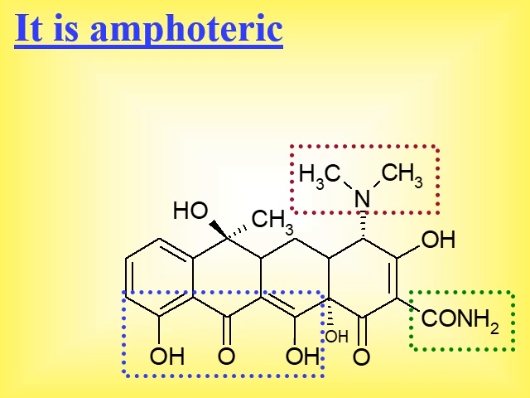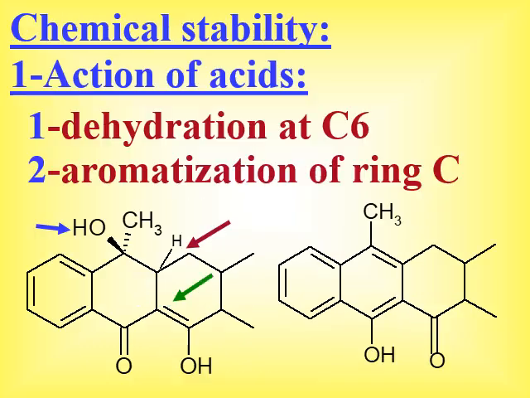So this is the acidic part, while the dimethyl amino shown by the red marking has a pKa of 9.7, so it is the basic part, while the blue ones downside are neutral, with a pKa of 7.5. So tetracyclines are amphoteric, they can form salts with either acid or base, because they have an acidic part and a basic part.